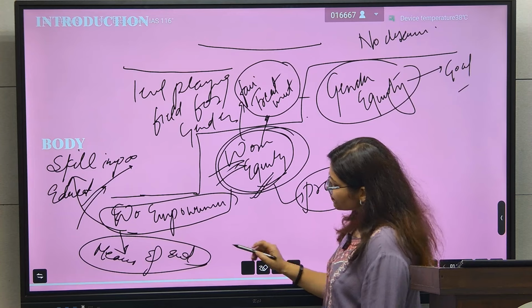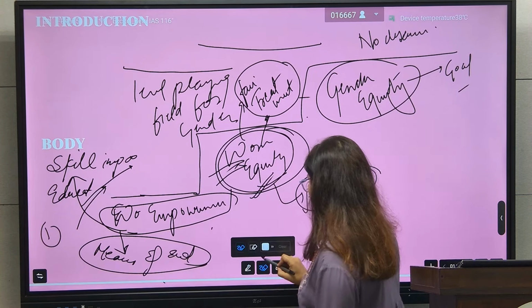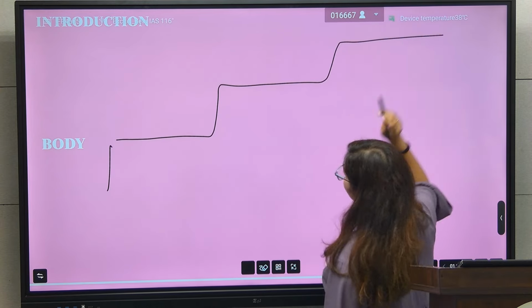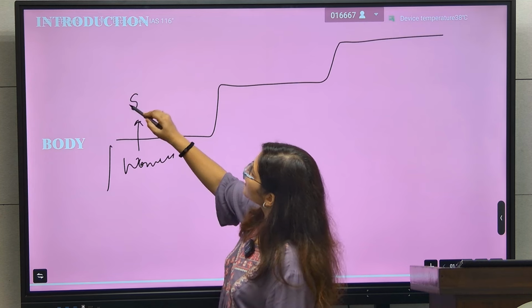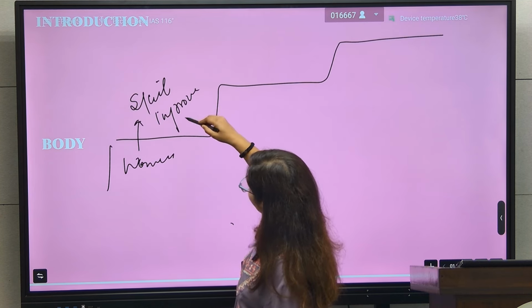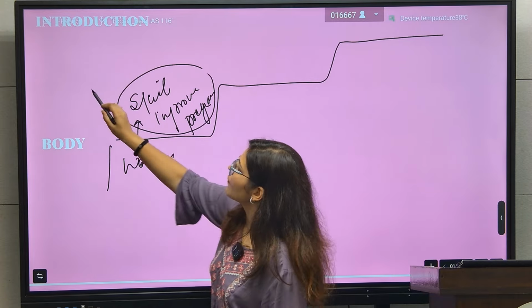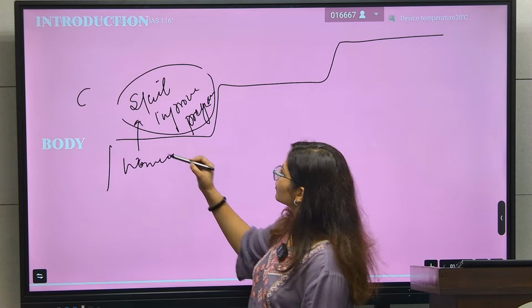For example, see, for women empowerment there are various skill improvement programs. So this is the example of women empowerment. We are improving the skills of women.